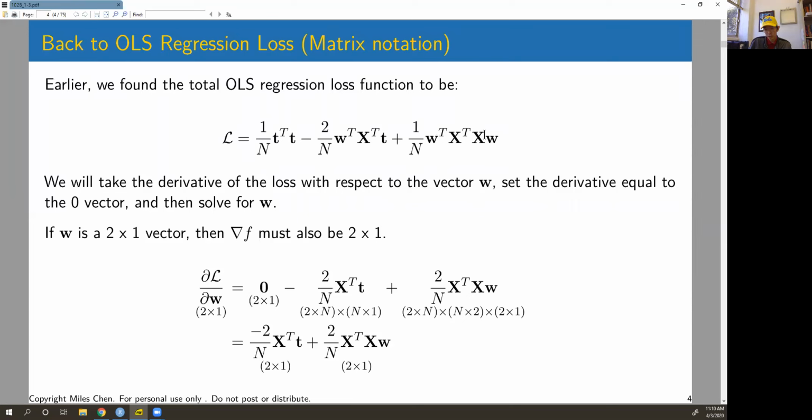W transpose x W will become 2 times x transpose x W. Here I had a 1 over n term, so this becomes 2 over n times x transpose x W. Then I can get rid of the 0 vector, and if I check the dimensions, this is 2×1, and this is also 2×1.